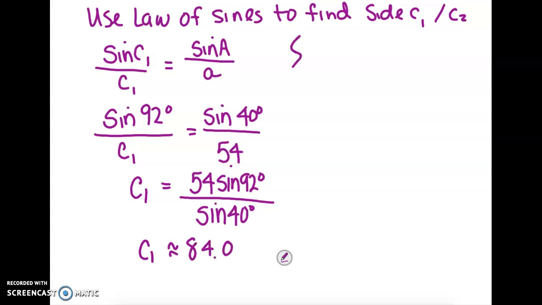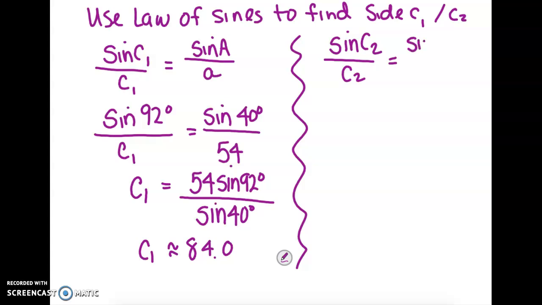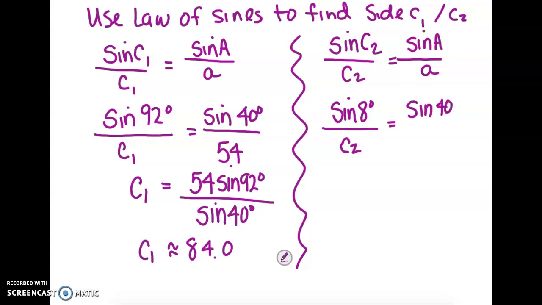One more left, we're almost there. We're finding side C2. The sine of C2 over side C2 equals the sine of A over little a. So the sine of 8 degrees over C sub 2 equals the sine of 40 degrees over 54.